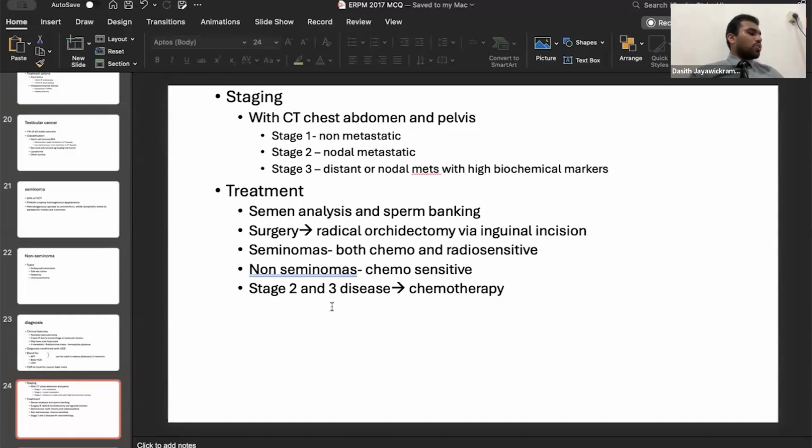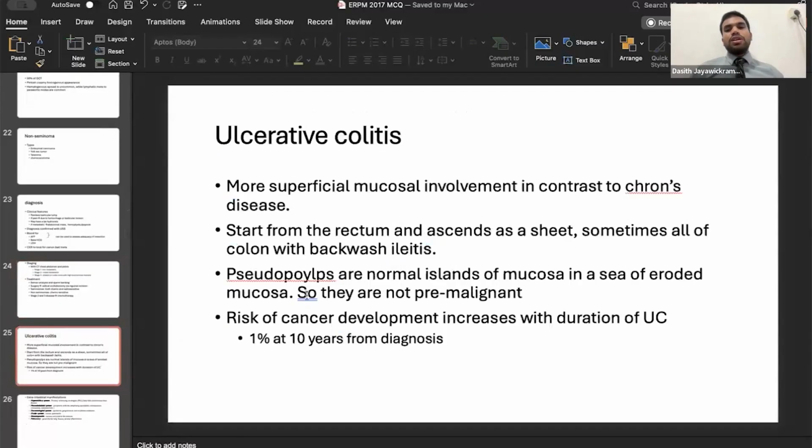When we talk about ulcerative colitis, it is one of the inflammatory bowel diseases. Ulcerative colitis is different from Crohn's disease for several reasons. For example, ulcerative colitis starts from the rectum and spreads proximally as a united front.